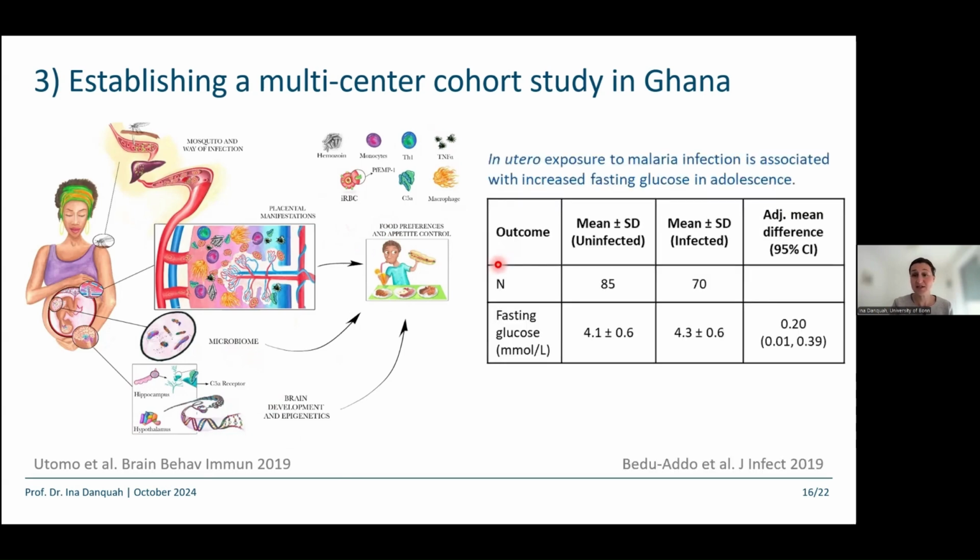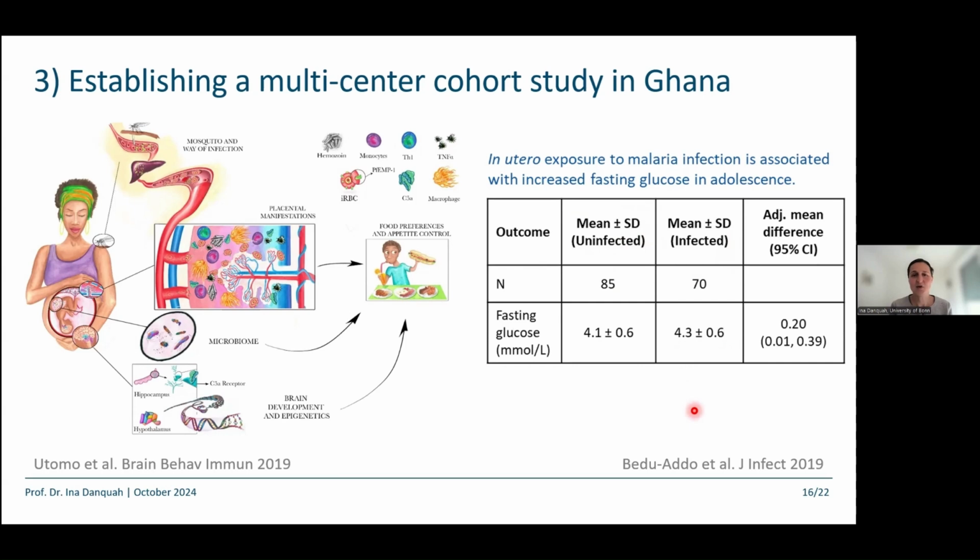And indeed, in a very small birth cohort, and you see the numbers here, we have been able to show that those children whose mothers were not infected with malaria at delivery, as compared to those whose mothers had an infection, had about 0.2 higher millimole per liter fasting glucose, and that was seen in Agogo, so the central area of Ghana.